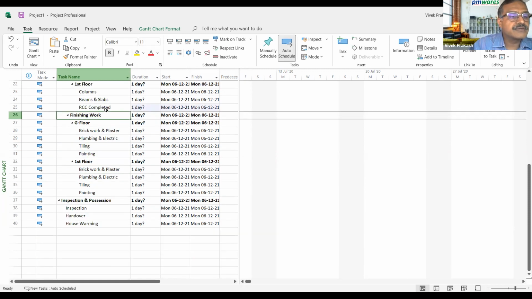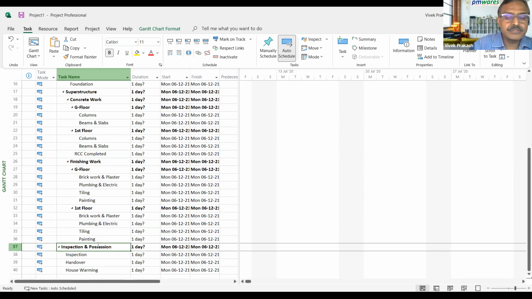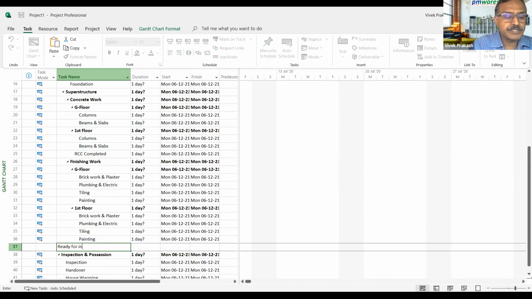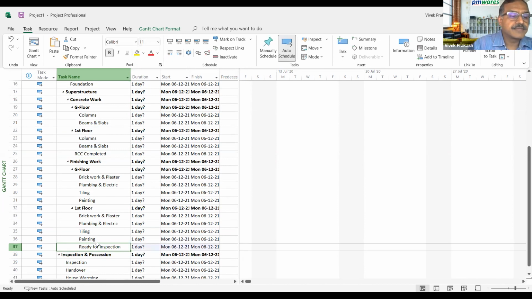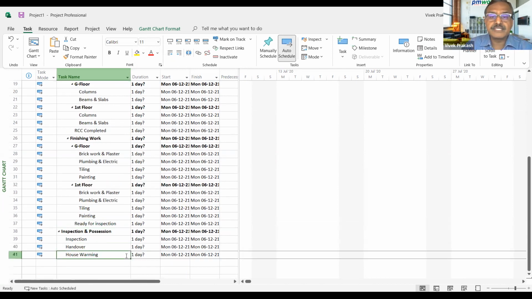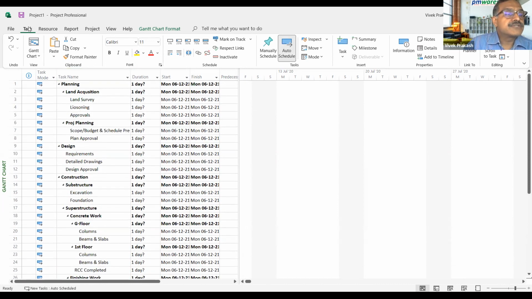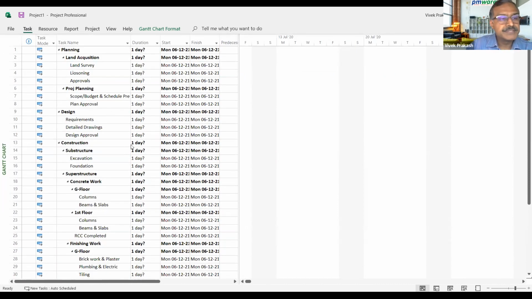And here I will put ready for inspection. We will use them as milestones, and housewarming we again consider as a milestone. Okay, so let's make it now. You may be making it in parallel, but complete it.